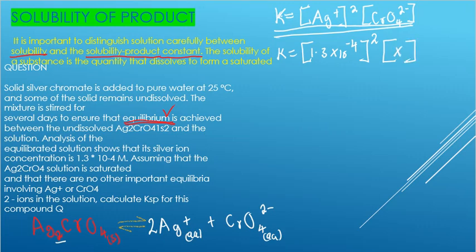So what are we going to do? We can calculate the concentration of chromate. How do we do that? We can use ratios. Let me show you.